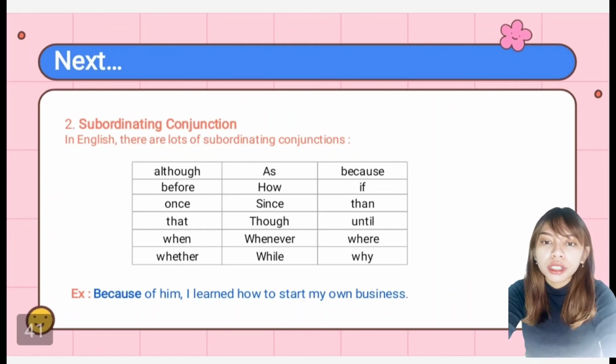So I will give you some example and I will read for you. Because of him, I learned how to start my own business. Yeah, it's because and it's easy, right?